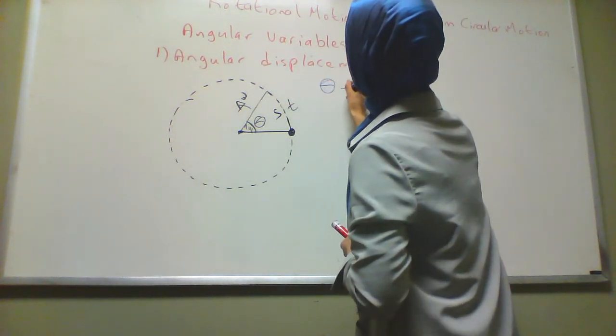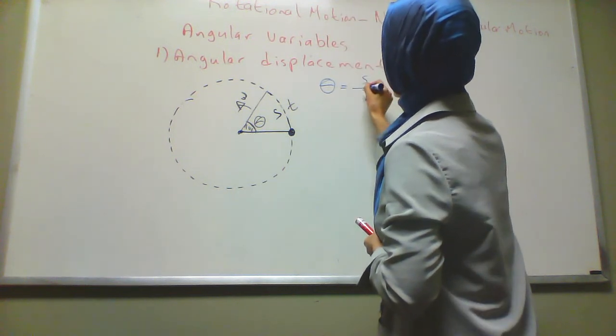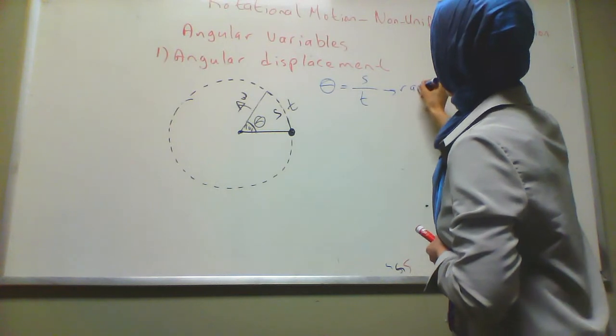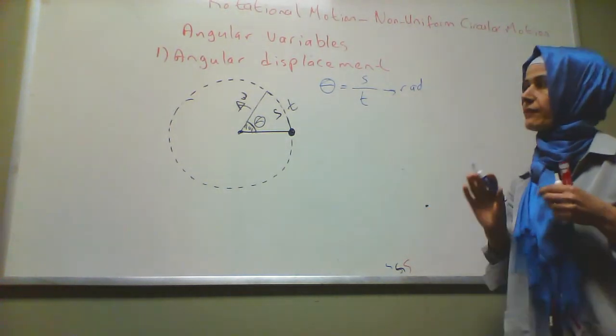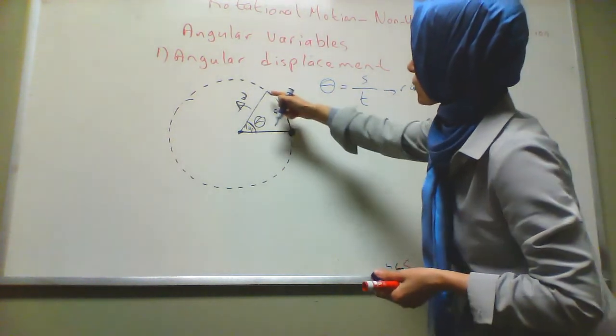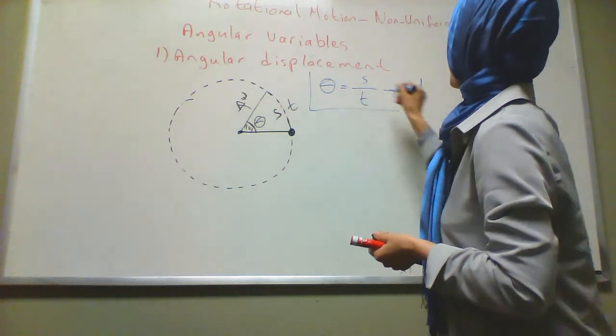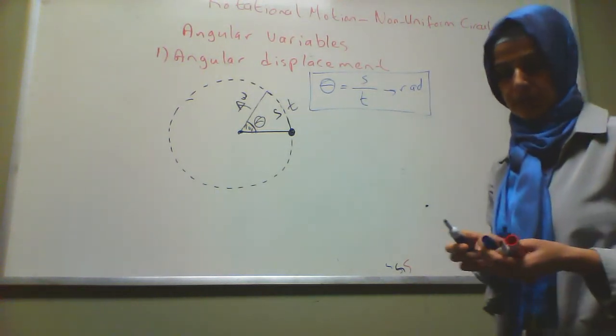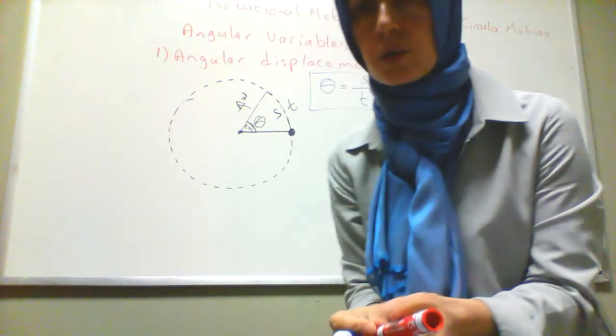Theta can be defined as s over r, and its unit will be radian. Here for angles we will be using radian, and it's equal to arc length traveled over radius. So this is angular displacement, the angle spanned in a certain amount of time.